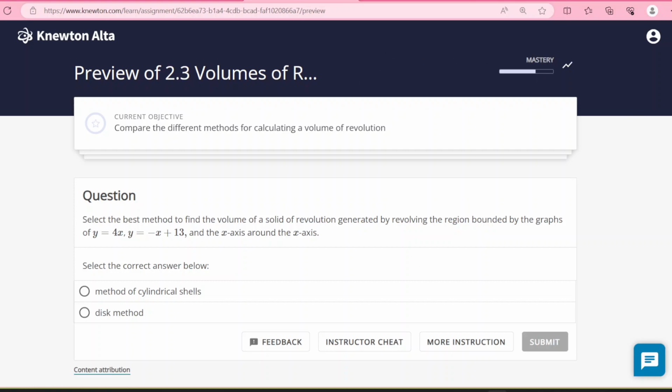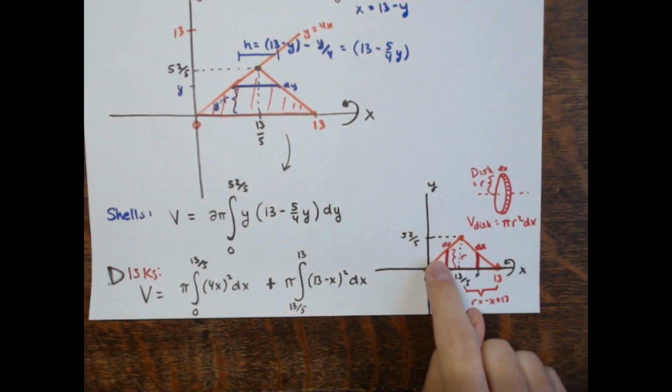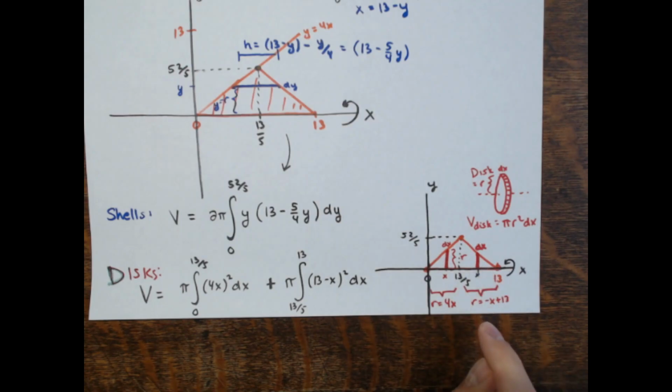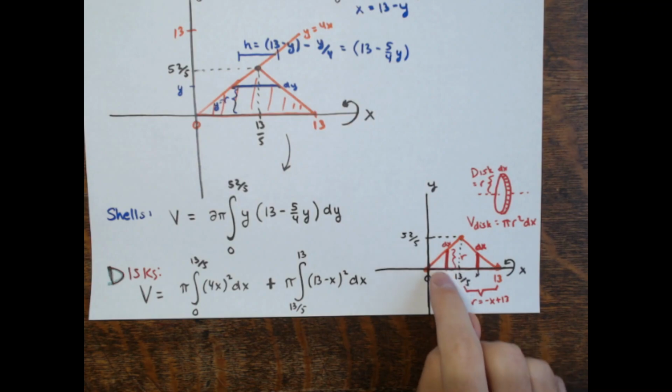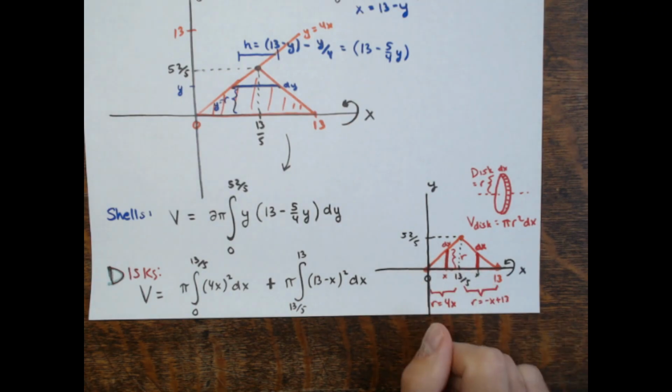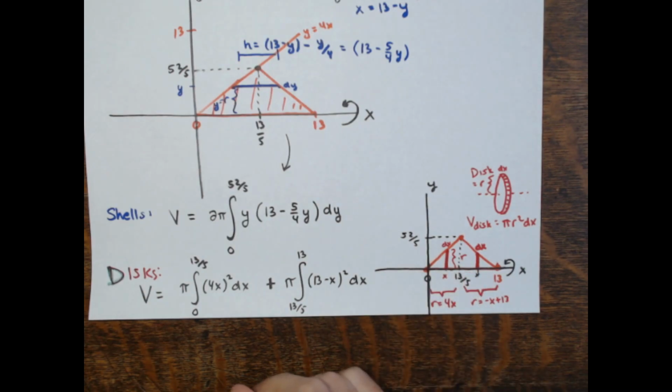Now, this is a bit tricky too, because these are just triangles, really. If you rotate a triangle around and make a solid 3D shape, that'll be a cone. So you have a cone here and a cone here put together. And you know the volume of a cone pretty easily: 1/3 the area of the base times the height.